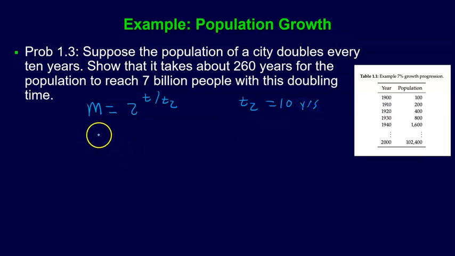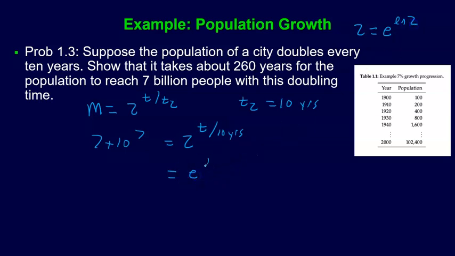Again, I want the m to equal 7 times 10 to the 7, and I set that equal to 2 to the t divided by 10 years. Now what we need to do is use the little tricks we've been using. For this 2, there's this trick we have, which is writing it as the exponential of the natural log of 2.